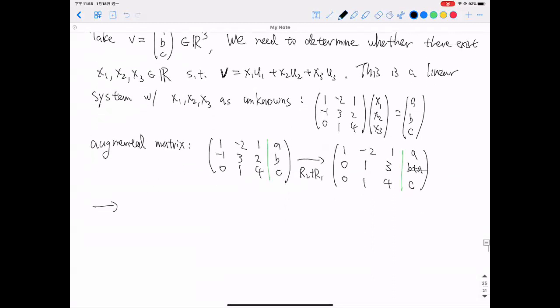Now what do we do? R1 plus 2R2, R3 minus R2, leaving R2 unchanged. R3 minus R2 is 0, 0, 4 minus 3, 1, c minus b minus a.